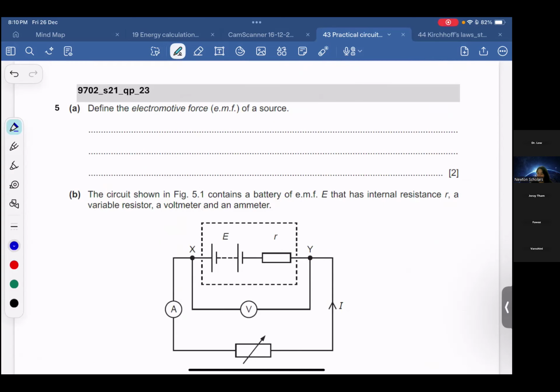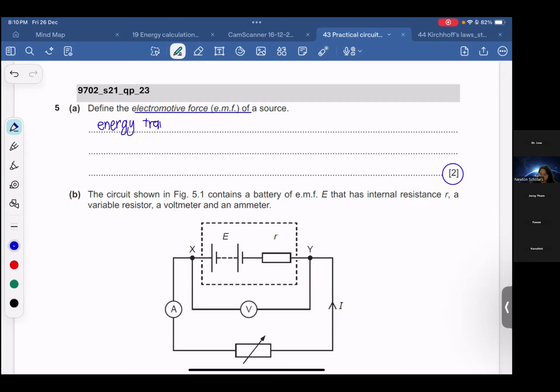Manjo okay. So here, define the EMF of a source. EMF is 2 marks. The second part of the definition is very important. Right now I write down the definition from the answer schema.